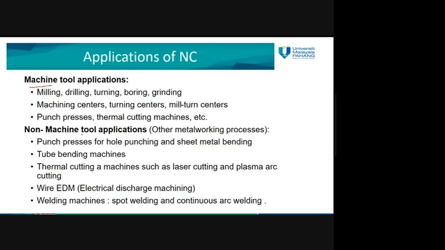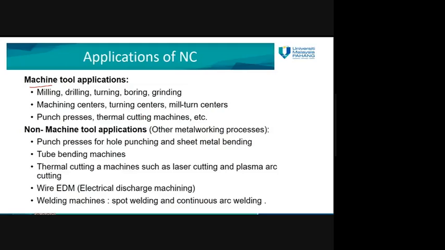There are also non-machine applications, which do not depend on machining here, like hole punching, tube bending, thermal cutting, wire electrical discharge machines, and welding machines. Some of these machines were already mentioned in the video that we watched at the beginning of this lecture.